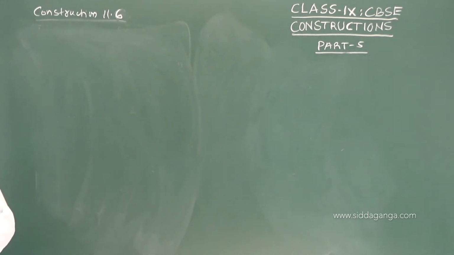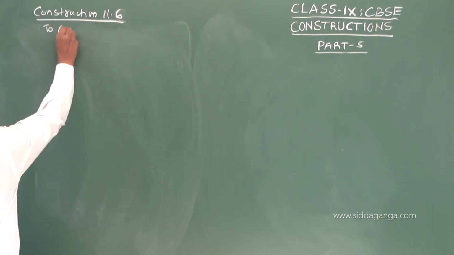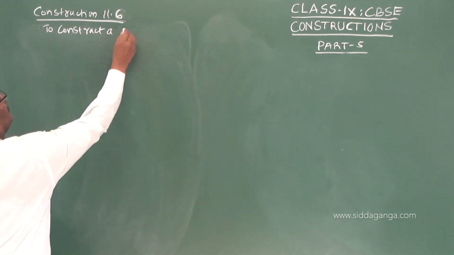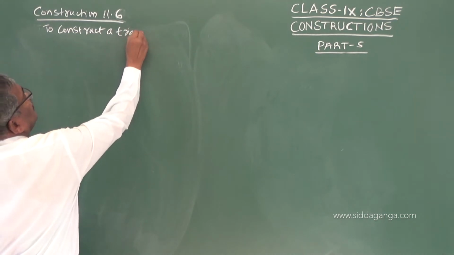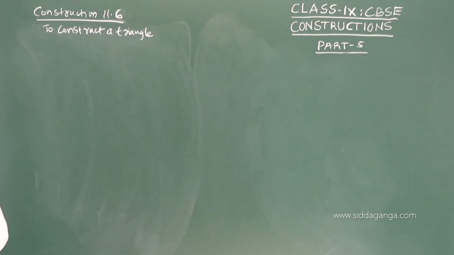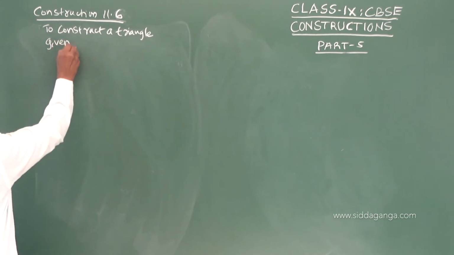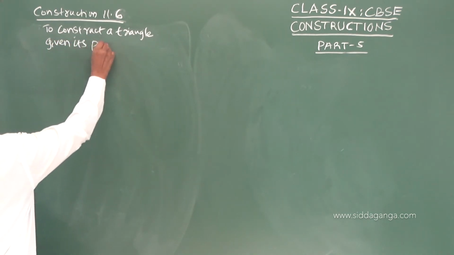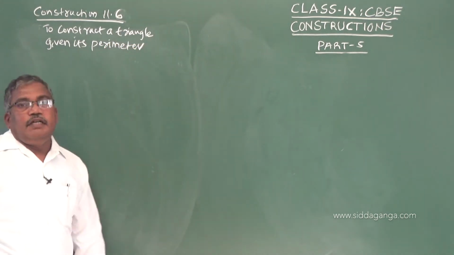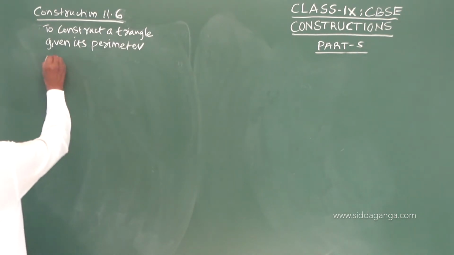To construct a triangle given its perimeter and its two base angles.